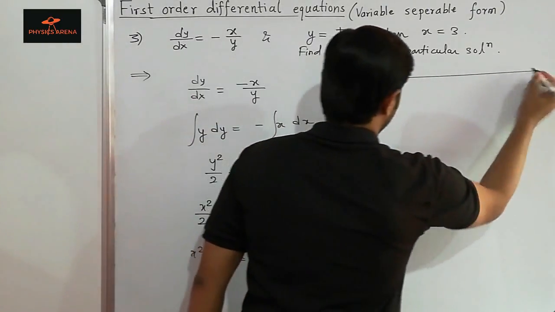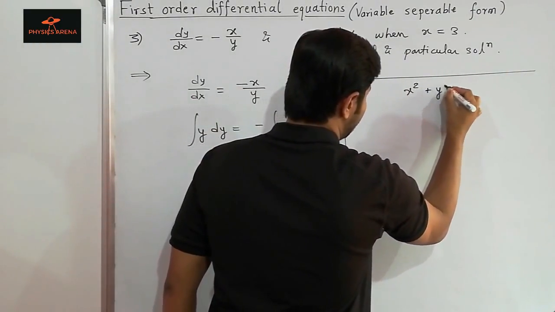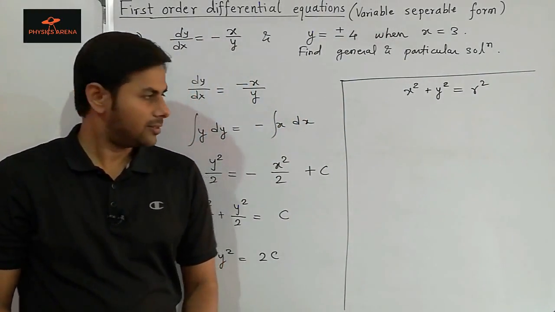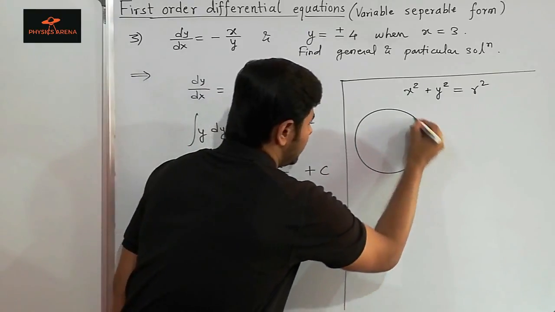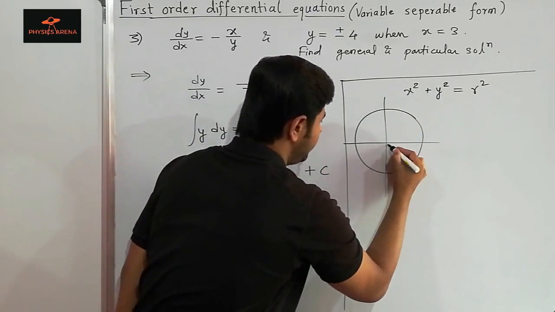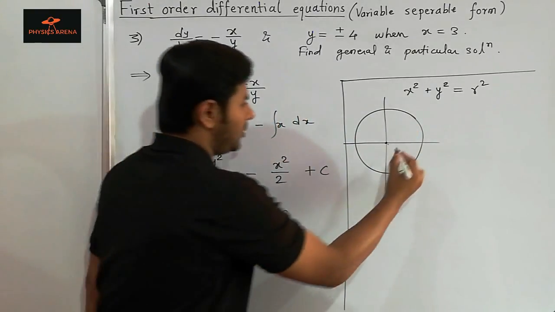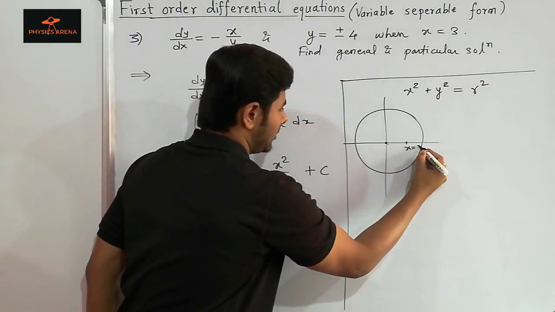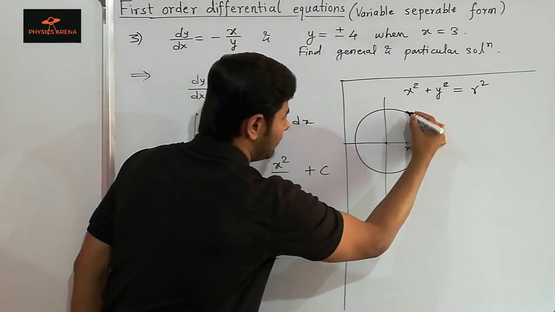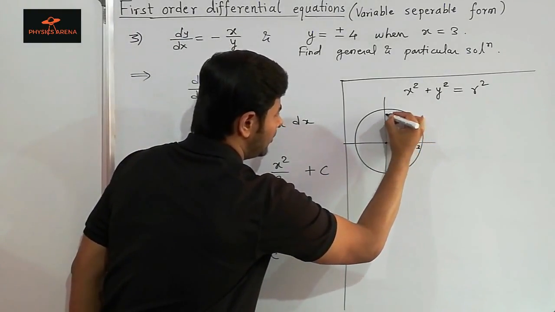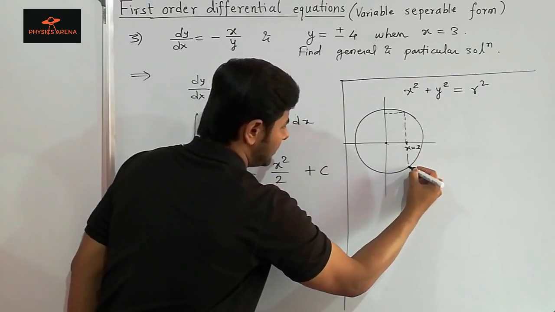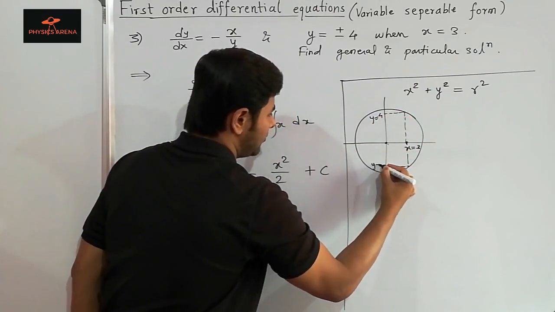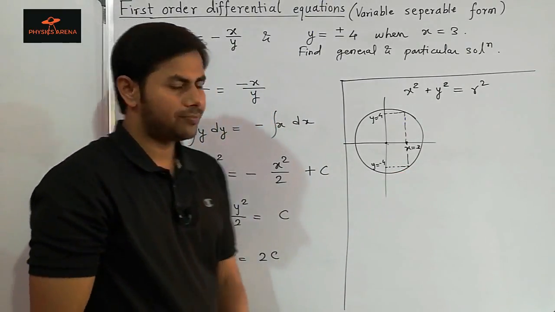So let me write x square plus y square equals r square, and suppose this is that circle. So for x equal to anything, let's call it x equal to 3, we have this value of y as well as this value of y. This is y equals 4, this is y equals minus 4.